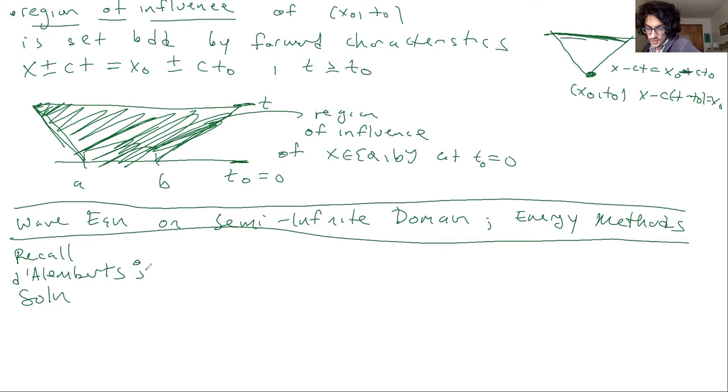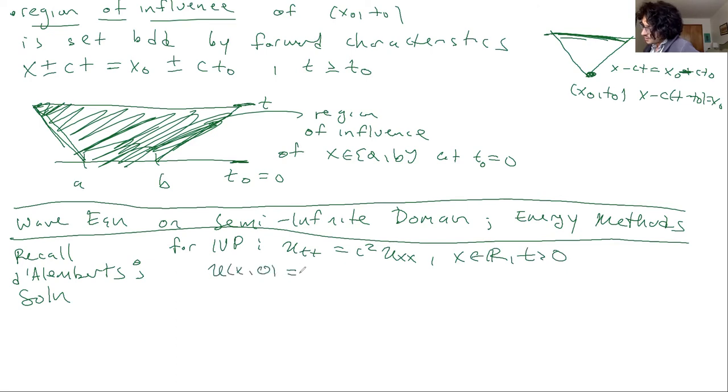And remember, this is, let's say, for the IVP, u_tt equals c squared u_xx on x is in R, t is greater than 0. u of x, 0 is phi, u_t of x, 0 is psi.